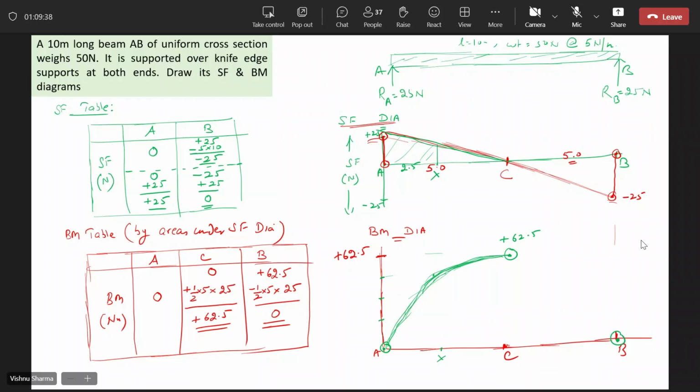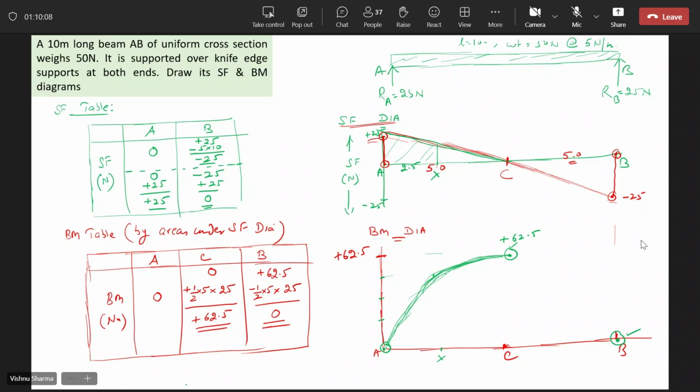Clear. Now, from C to B, is it vertex to base or base to vertex? Vertex to base. Okay. Now, if I say from C to B is a mirror image of this diagram, many of you will initially get confused. So tell me, if I am integrating from B to C, B is here, C is here, is it vertex to base or base to vertex?